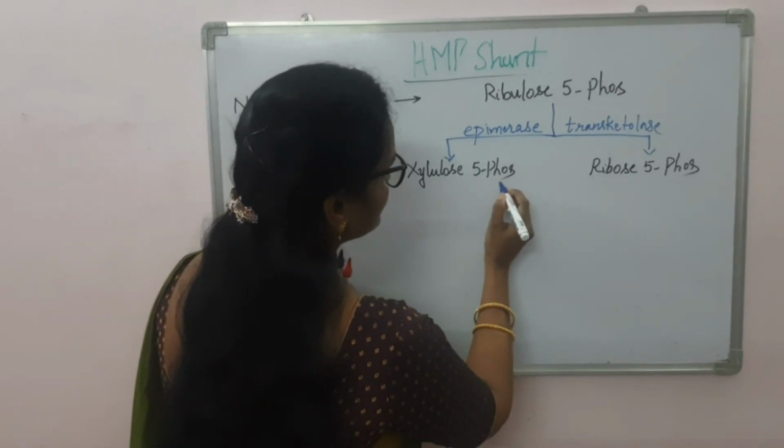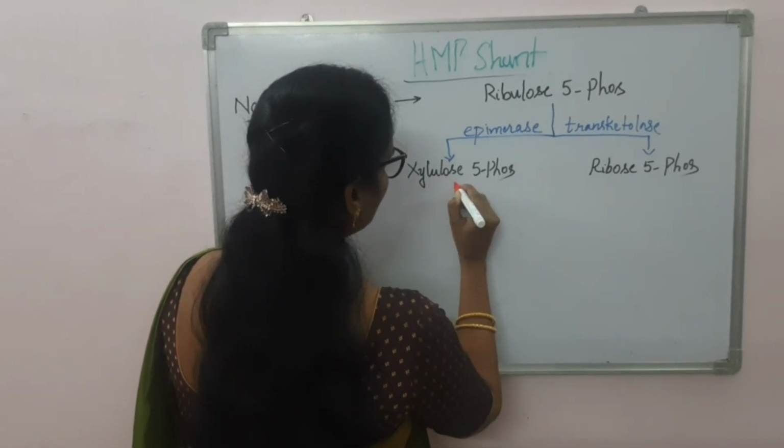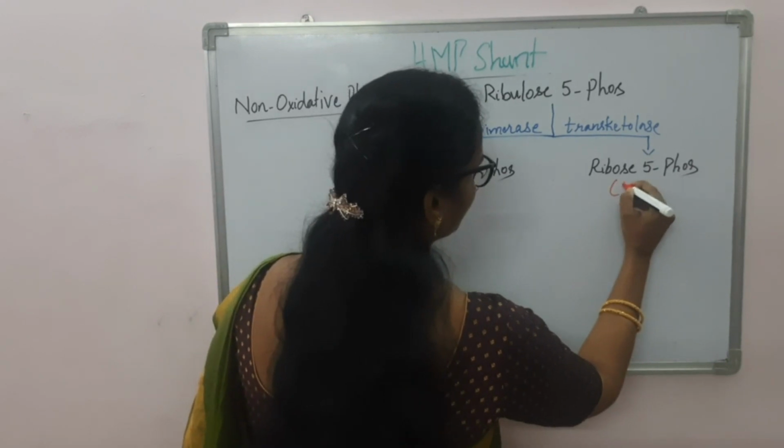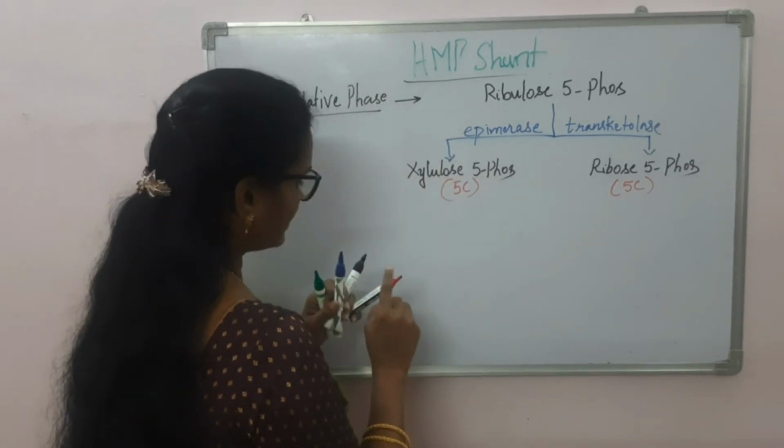Now we have xylulose 5-phosphate, which is a 5-carbon compound, and ribose 5-phosphate is also a 5-carbon compound.